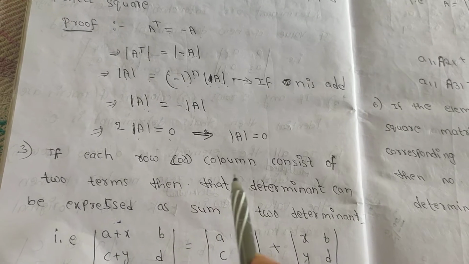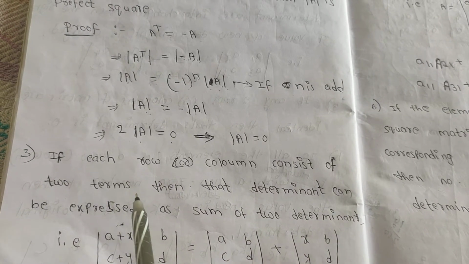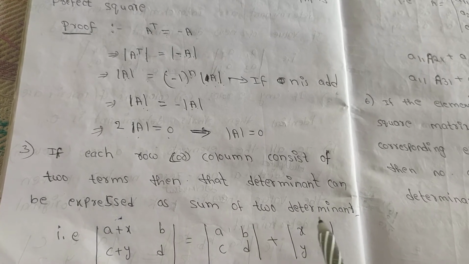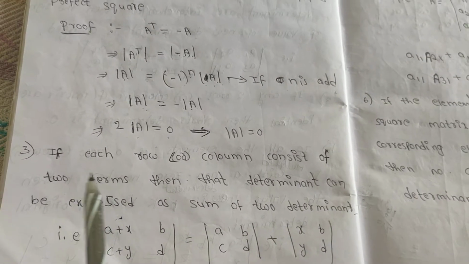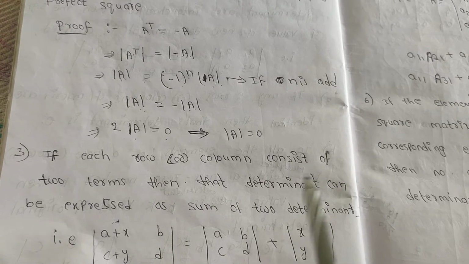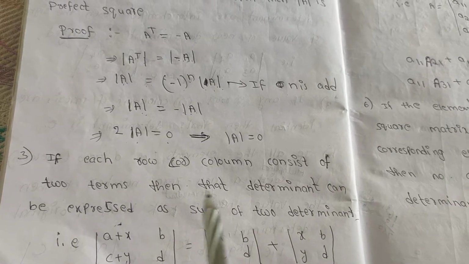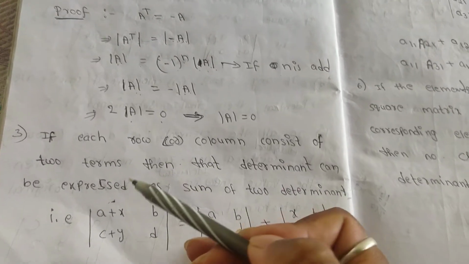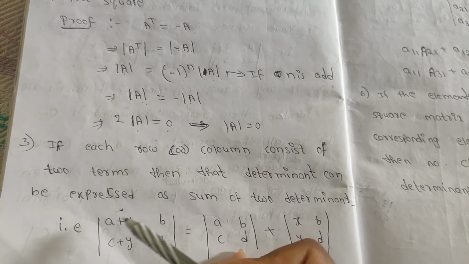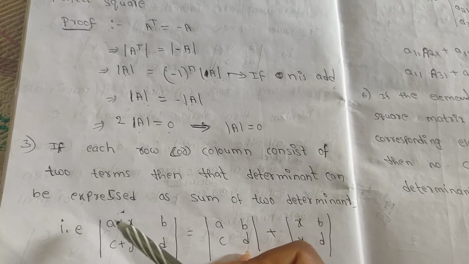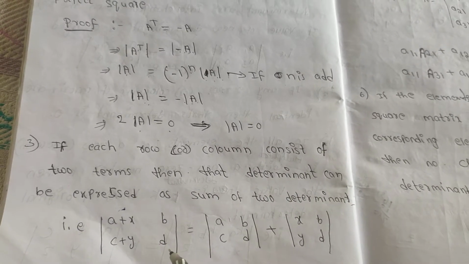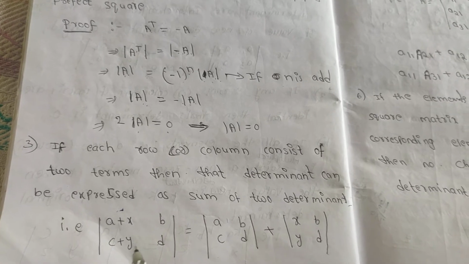Next, third one. If each row or column consists of 2 terms, then the determinant can be expressed as a sum of 2 determinants. Very, very important. Let us consider a 2 by 2 matrix. Here the first column consists of two terms, a plus x, c plus y, and b, d. How can you split this determinant into two different determinants of the same order?